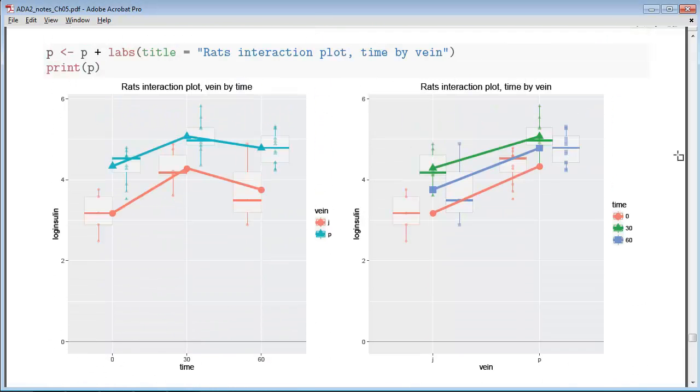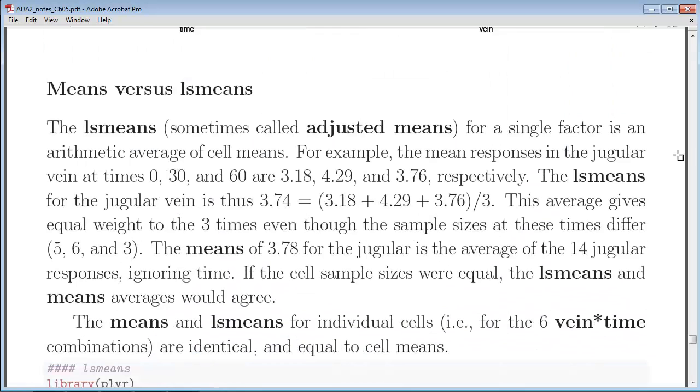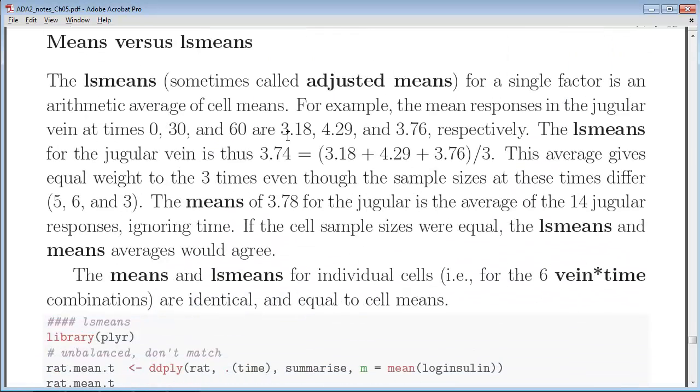All right. So the means versus LS means. LS means is going to average over the cells of the table correctly, whereas just taking the grand mean of all the observations will give us a different value when our sample sizes are different.